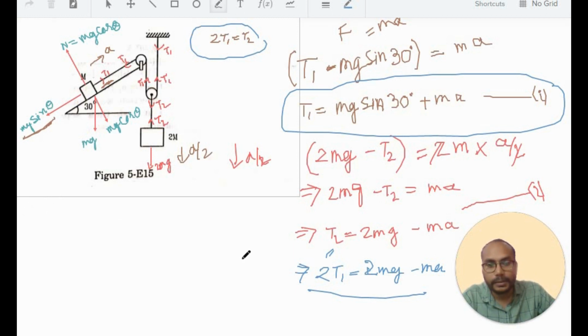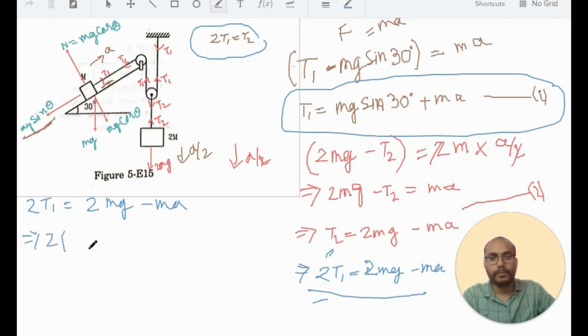I am writing this equation again: 2T1 equal to 2mg minus ma. Here I am putting the value of T1, it is mg sin 30 plus ma.